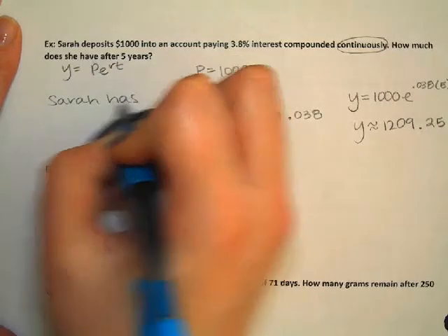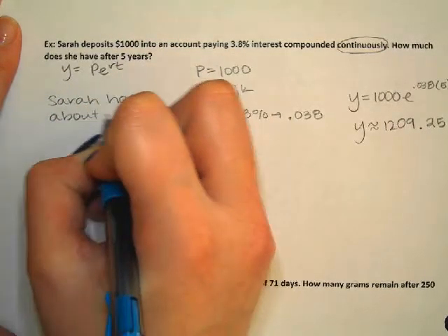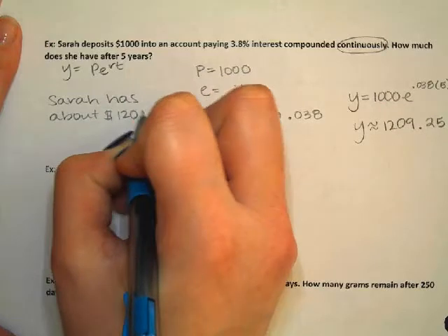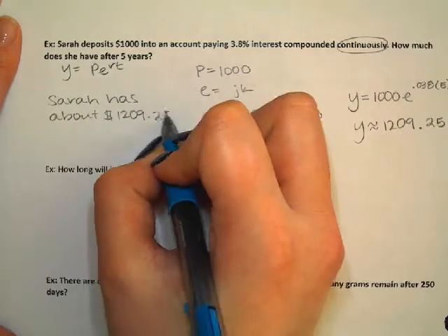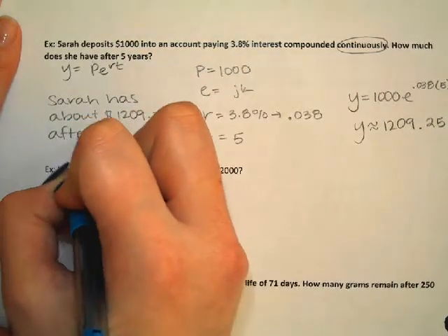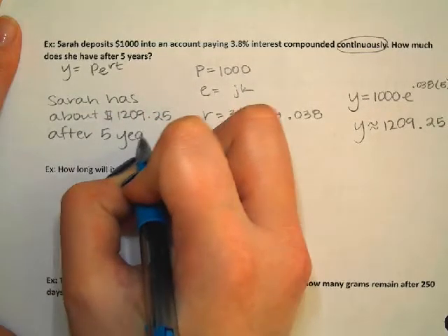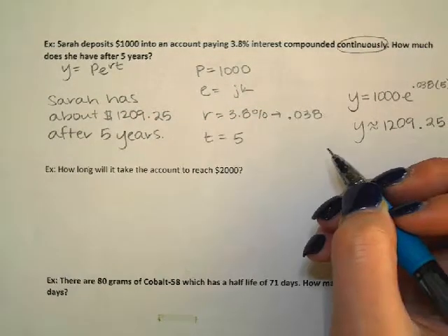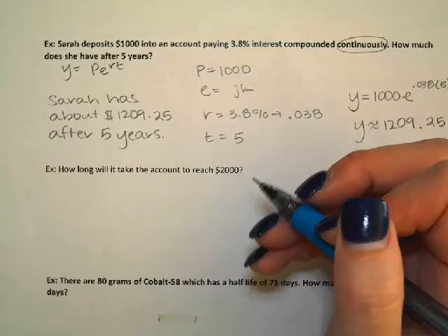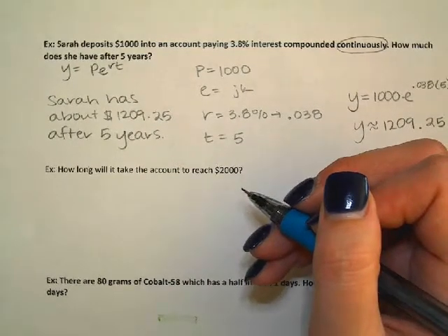Have blank amount of money after 5 years. Why is it a bad? Because we rounded. It could be 24 cents, it could be 25 cents.